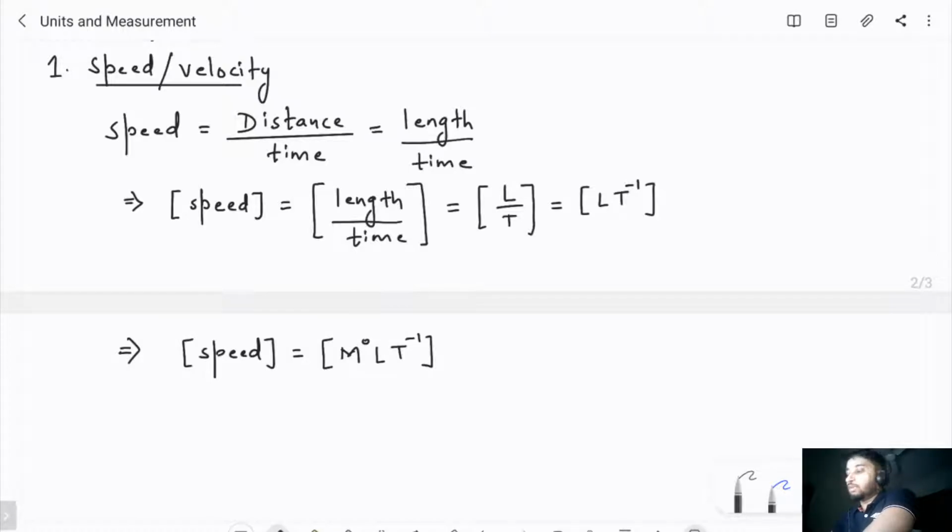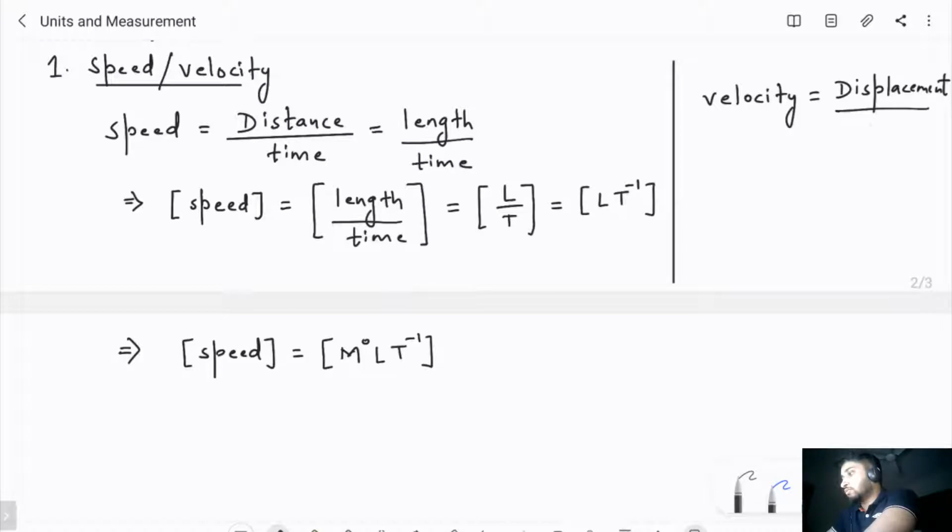Same way if we see for velocity. Velocity is nothing but displacement by time, right? Which in turn is same as your length by time.